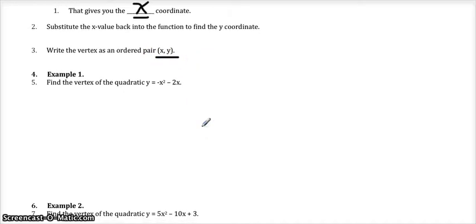So take a look at y equals negative x squared minus 2x. It's a helpful idea to write down what a and b are, especially when you have negatives, and then to always write down the formula.